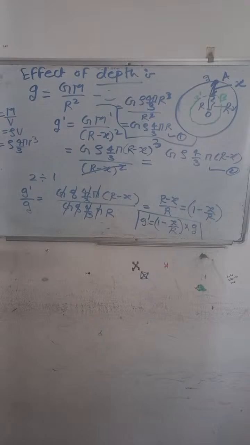So acceleration due to gravity is always maximum on the surface of the earth, and in every other condition it is always less. Okay, take a screenshot of this. Take a screenshot of this. I hope everyone is getting this.